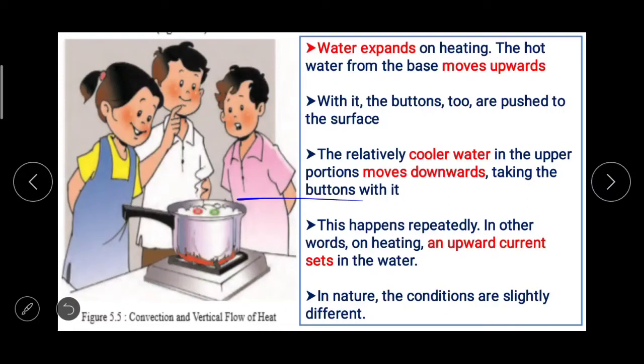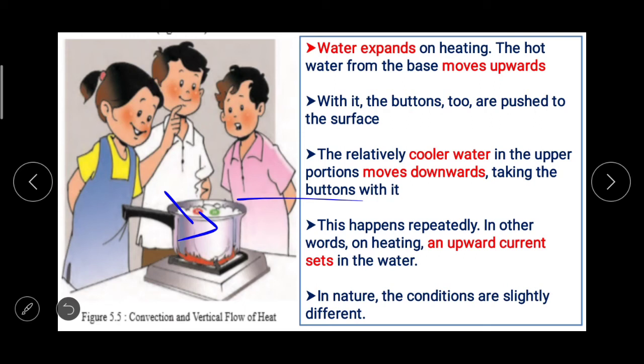So here in our textbook, figure 5.5 is given to understand the convection and vertical flow of heat. For this, what we have to do, a pot with water is placed on a burner. Here you can see the pot is placed on a burner, and drop 4 to 5 small plastic buttons in it and observe their movements in water.